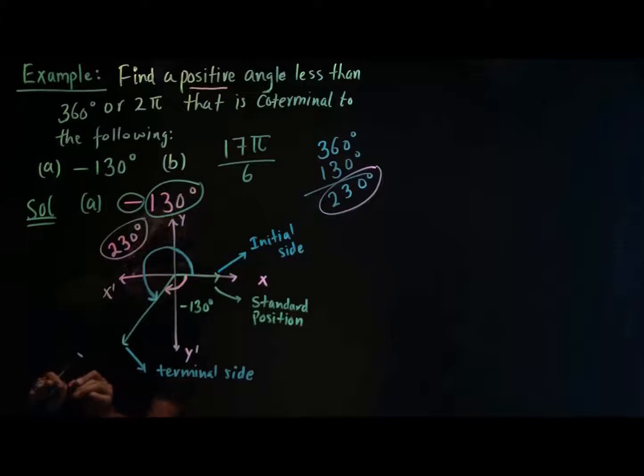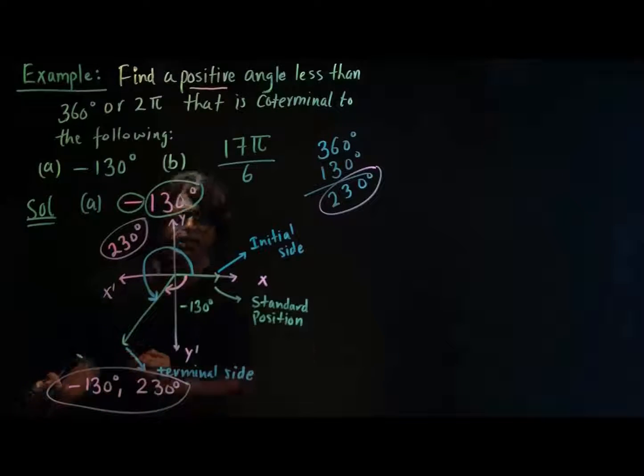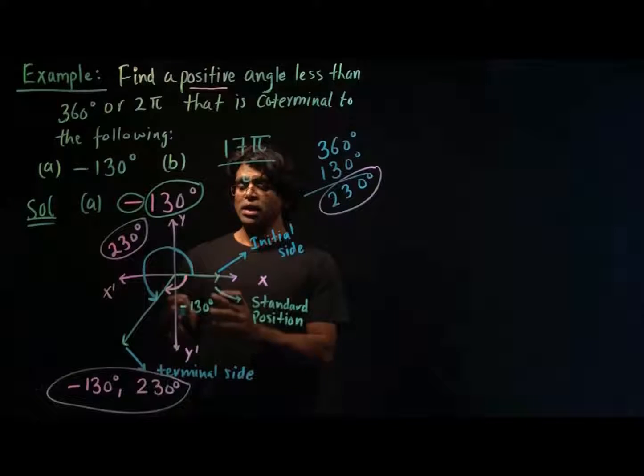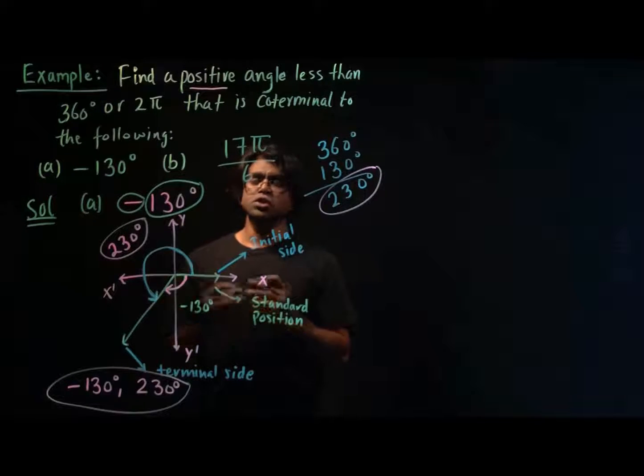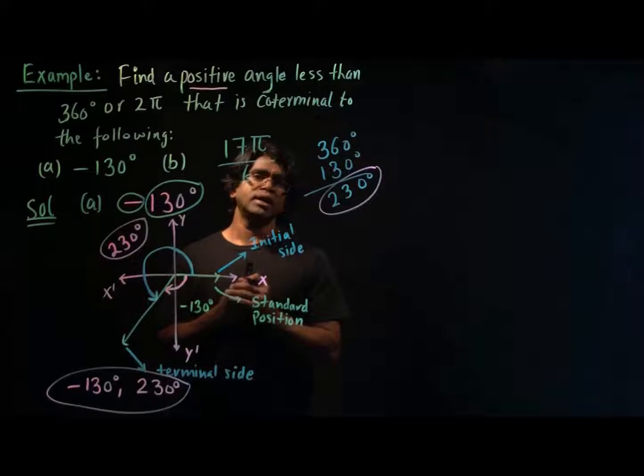So our coterminal angle for negative 130 degrees, which is less than 360 degrees and positive, is 230 degrees. This is one way that we can use to find the coterminal angle for negative 130 degrees.